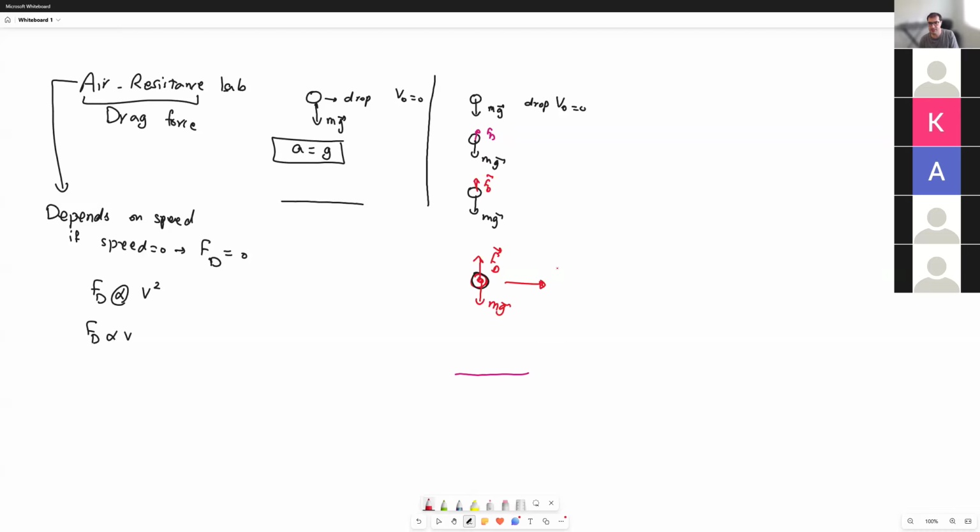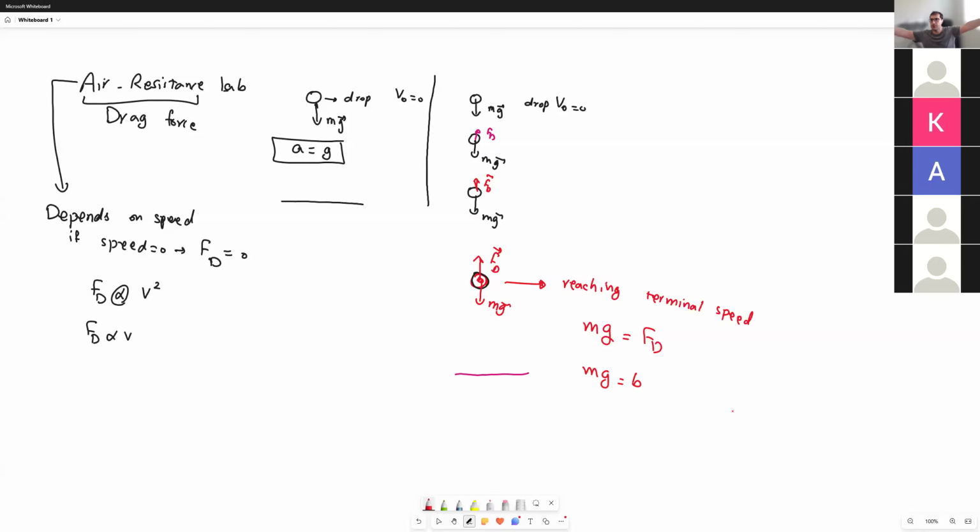At this point we say that the object reaches terminal speed. At this point, mg would be equal to F_drag. mg would be equal to a constant, in your lab we called it b, a constant which depends on the material and on the cross-section of the object.